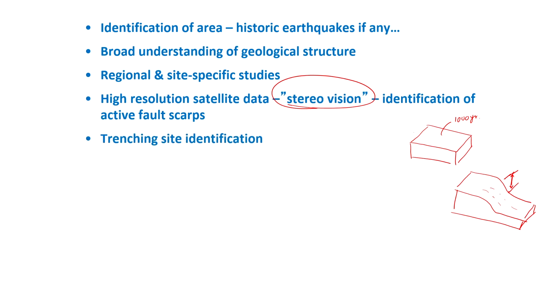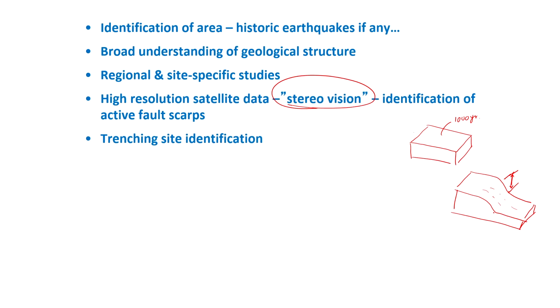Trenching site identification is also important. As we discussed in the previous slide, we need to classify the surfaces or landforms as older or younger. We never go to trench the older landforms, because an older landform has moved twice: once during when it existed, and again when the younger surface was also displaced.